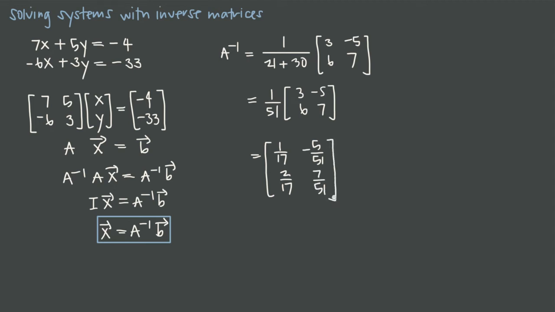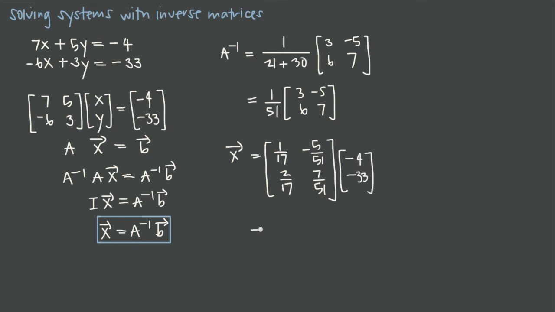So this is our inverse matrix, A inverse. And then if we want to solve for x, which is our unknowns, we just multiply this matrix by the solution vector -4, -33. So we can say the vector x is equal to the inverse matrix multiplied by -4, -33.